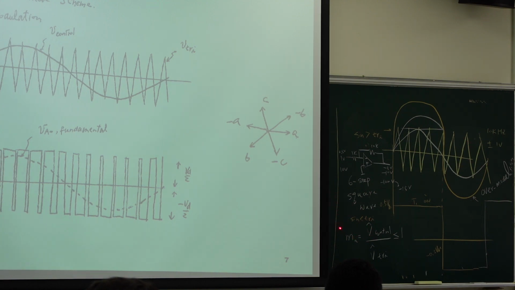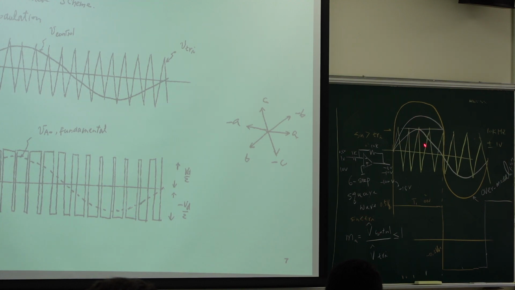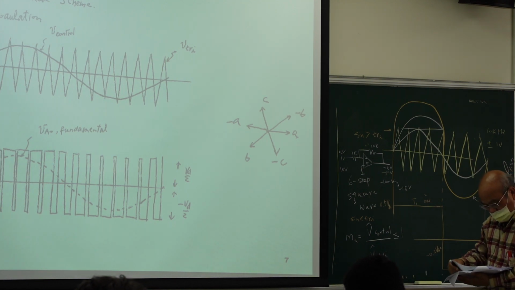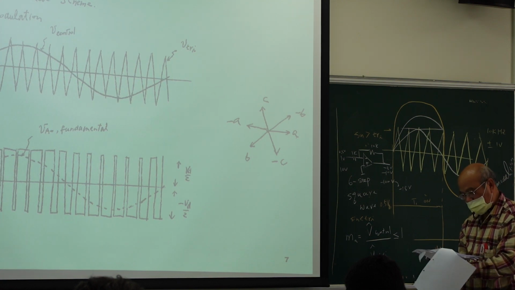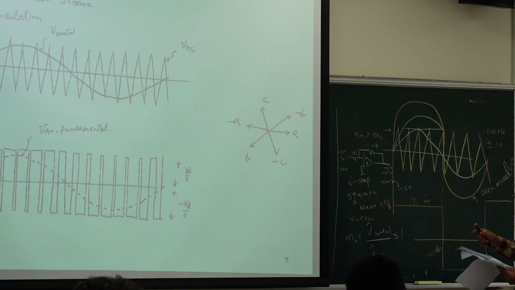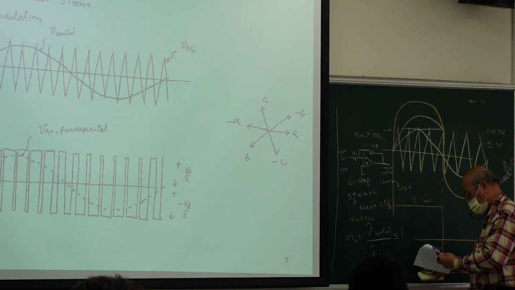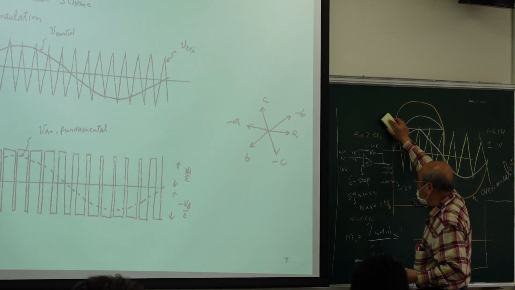So your sine wave cannot be over the triangular, otherwise you become over modulation. If you over modulate, then you become nonlinear. So we have some limitation. You have to follow the rule, otherwise your PWM just doesn't work. Okay? So we know the idea.